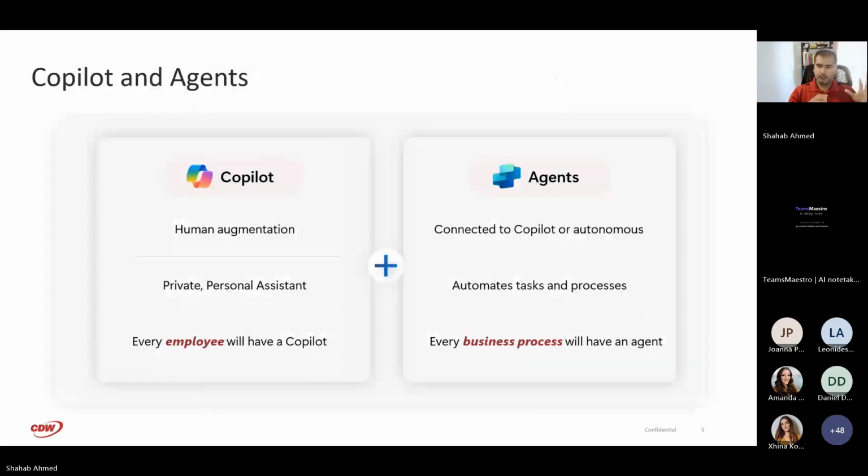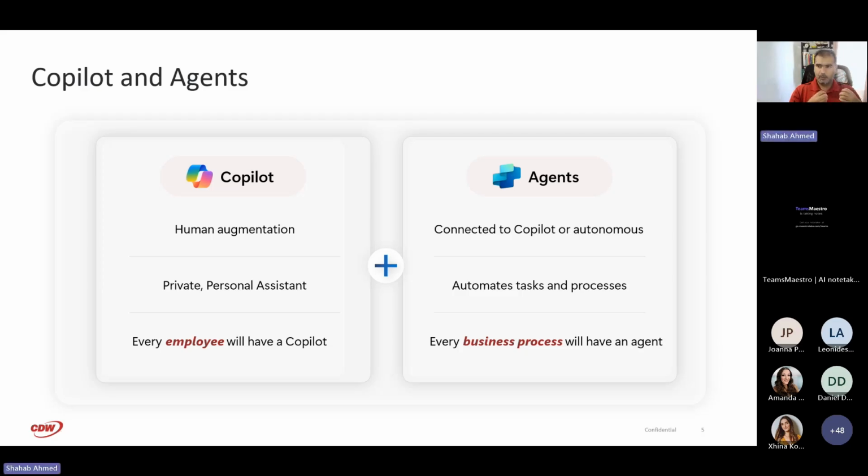And then I would say more recently, there's been a shift in terms of how Copilot and agents have worked through, right? So left-hand side, the Copilot piece, that's where mostly all of our delivery engagements were, I would say, right up to last year. That is very much around personal productivity, right?